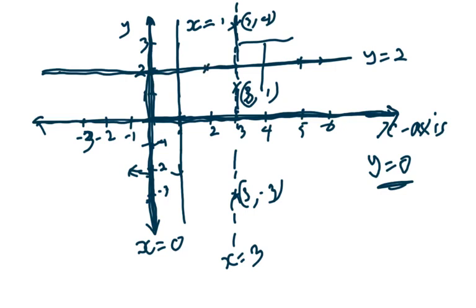For instance, here, this point would be 6, 2. If I picked that point it would be 5, 2. If I picked any point there, for instance, that would be negative 3, 2. So that's the line y equal to 2.